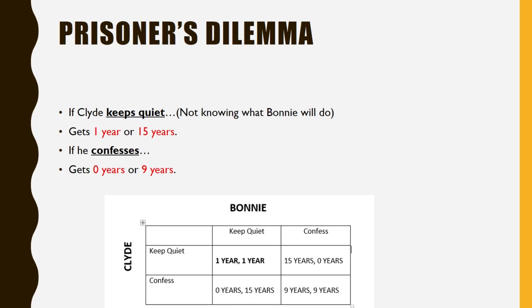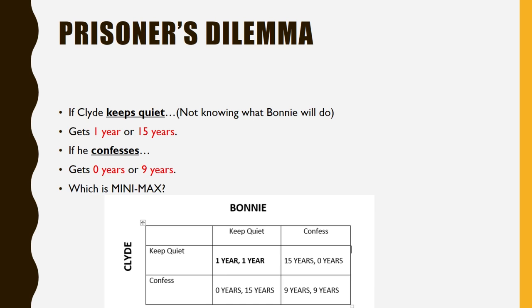So if those are your options, you're going to get 1 year or 15 years if you behave one way, or you're going to get 0 or 9 years if you behave another way. What's the best thing for you to do here? Well, if we're minimizing the max, we want to know which is mini-max.